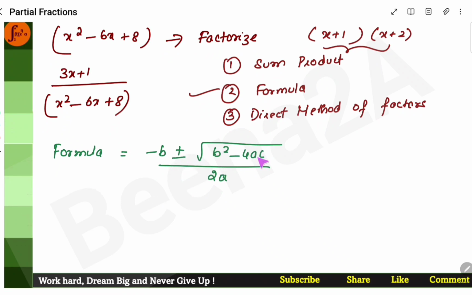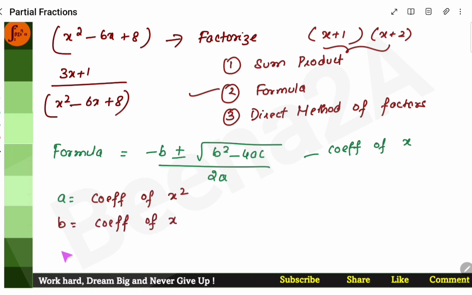Now, what is this a, b and c? A, b and c are coefficients of x, right? Basically, a is coefficient of x square, b is coefficient of x, c is constant or number only, number without x.